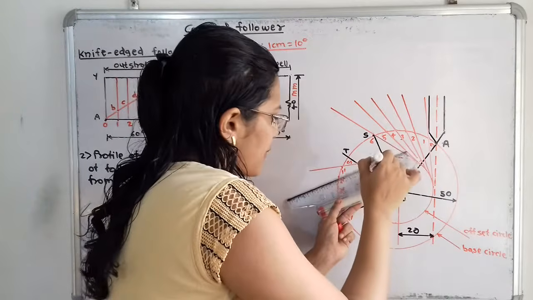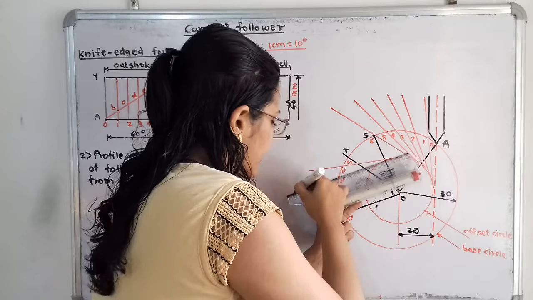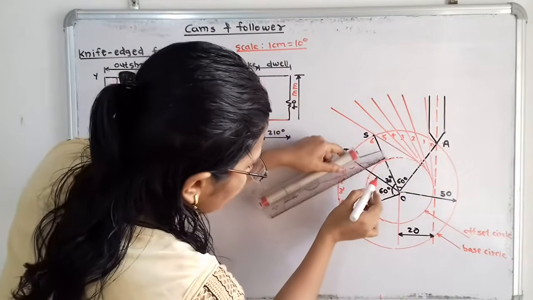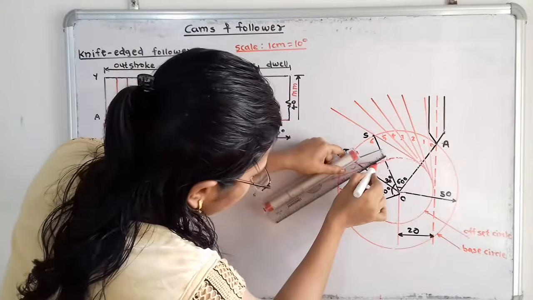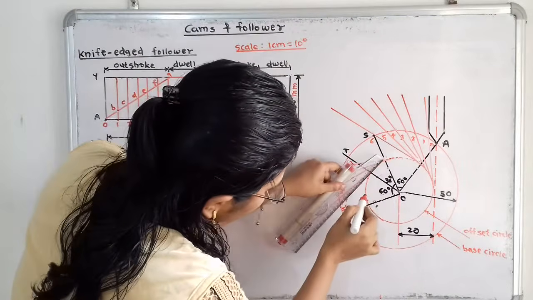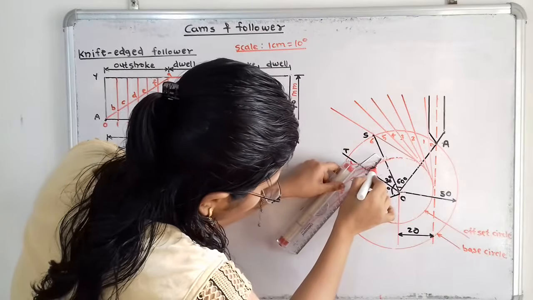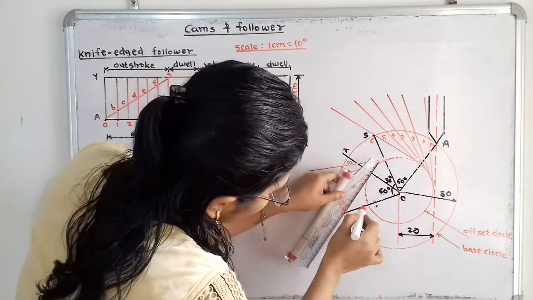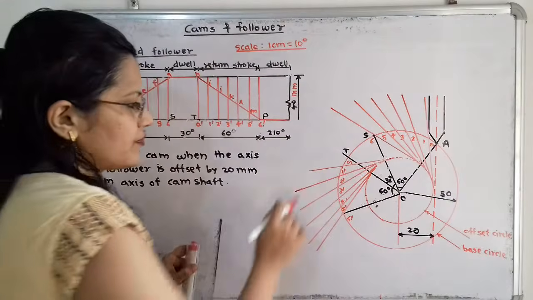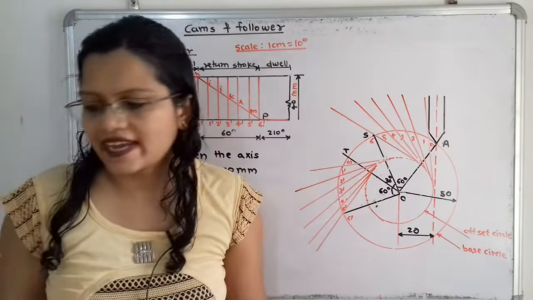This is the line passing through 1 dash. Then the next is the line passing through 2 dash, then the next lines pass through 3 dash, 4 dash, 5 dash and 6 dash. These are all the tangent lines.